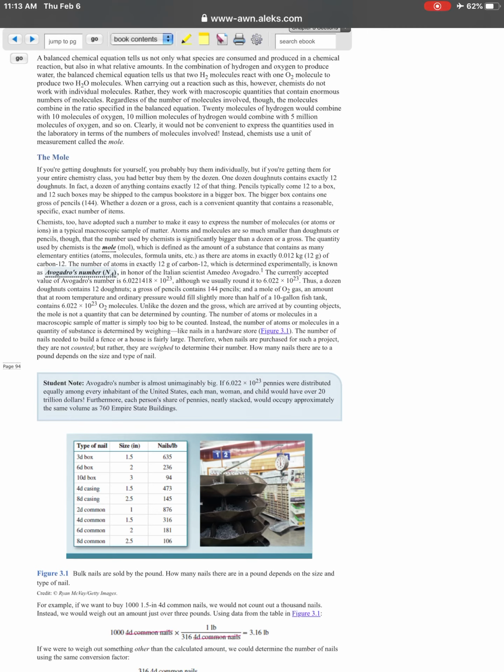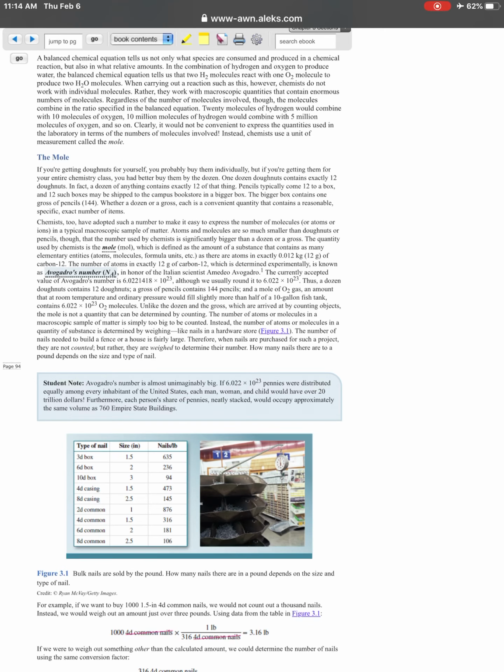We call it Avogadro's number, N sub A, as the mole. That's referring to a certain number of atoms. So if I say I have 1 mole of oxygen molecules, 1 mole of O2, by definition, I have 6.022 times 10 to the 23rd O2 molecules. If I have a mole of nails that you use to nail wood together, I would have 6.022 times 10 to the 23rd nails.